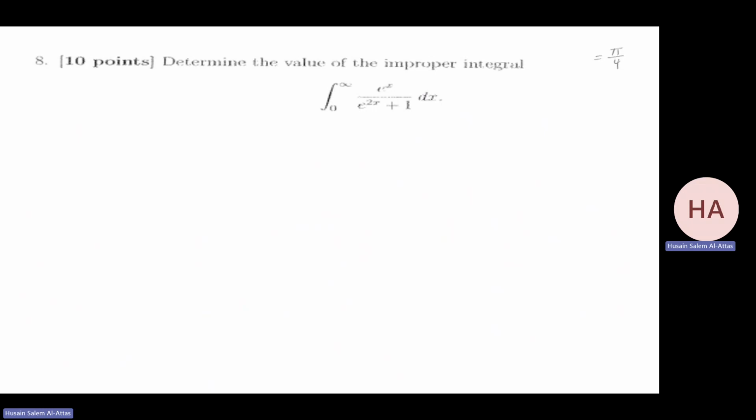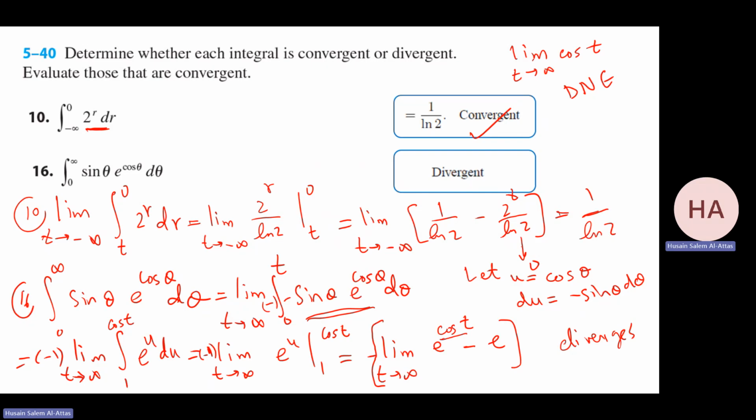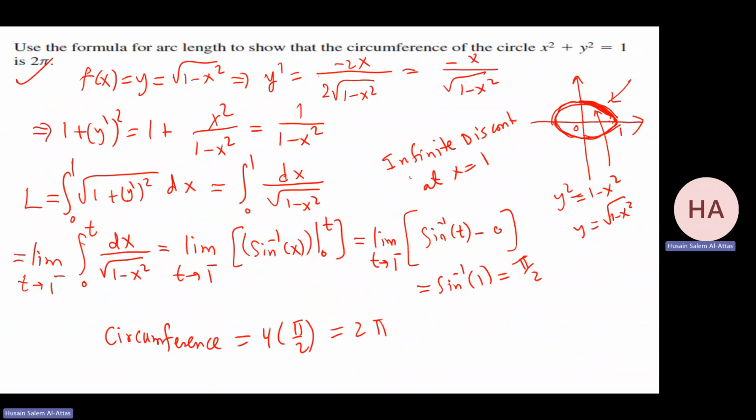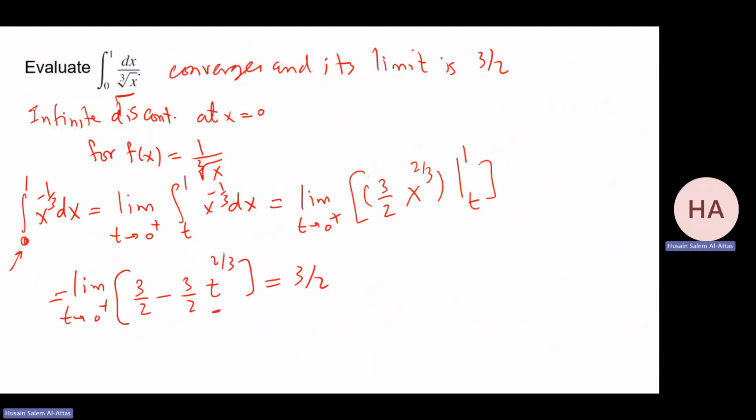Now we'll go to the old exam problems. Okay, determine the value of this improper integral, e to the power x over e to the x plus 1. I think we did some things in one of the examples.